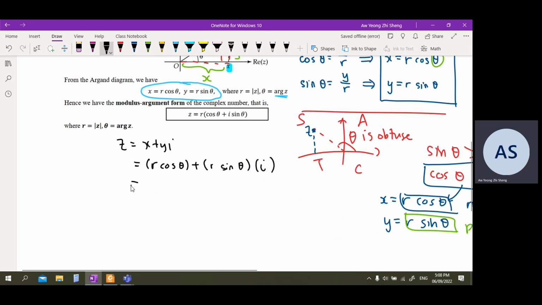And then I can do some rearrangement of terms. I factor out the r, then I will have cos theta plus i sin theta.